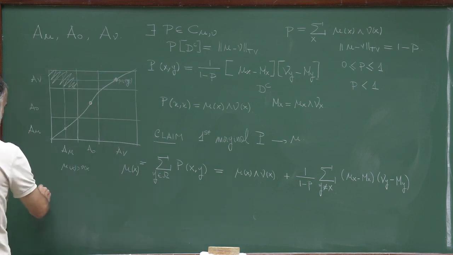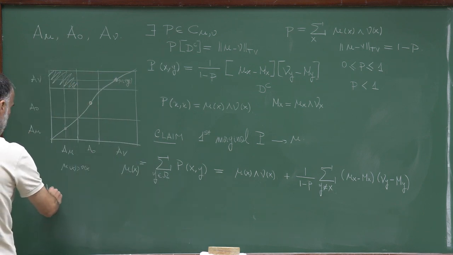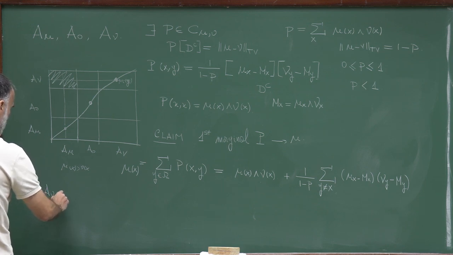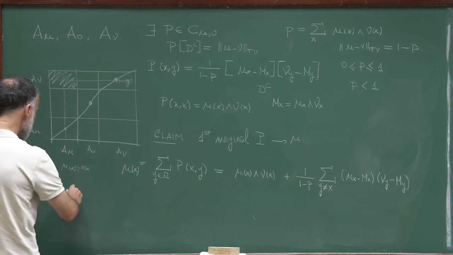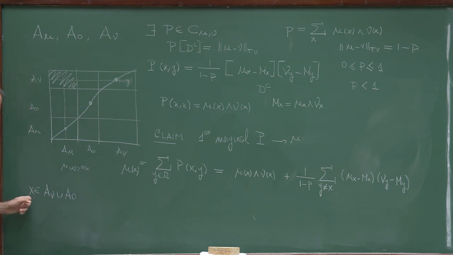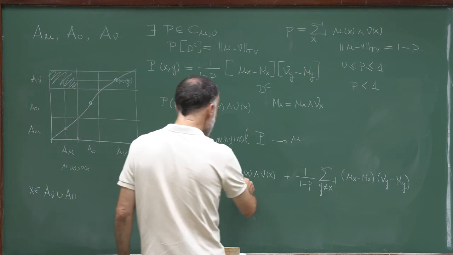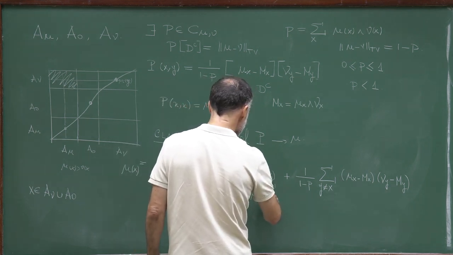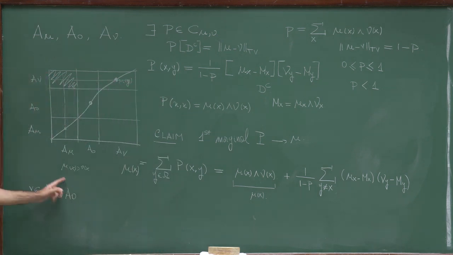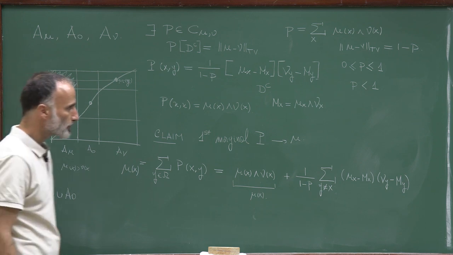Let's assume that x belongs to A_nu. So if x belongs to A_nu, or maybe union A_0, this means that mu(x) is less or equal than nu(x), and therefore this quantity here is mu(x).